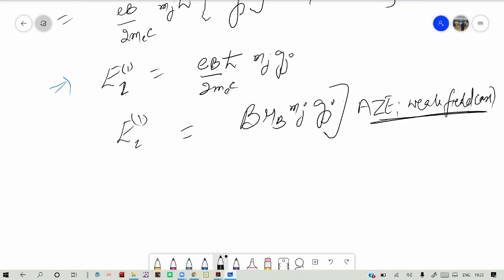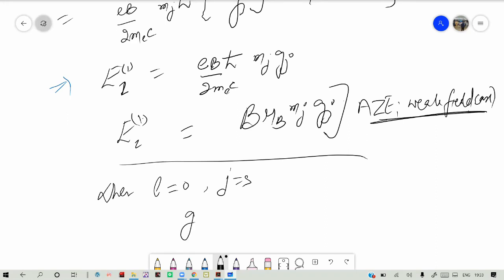Like if you have L equal to 0, that's pure spin moment, there is no orbital moment, J is equal to S. At that time J will be equal to half, and g_J will be g_S.